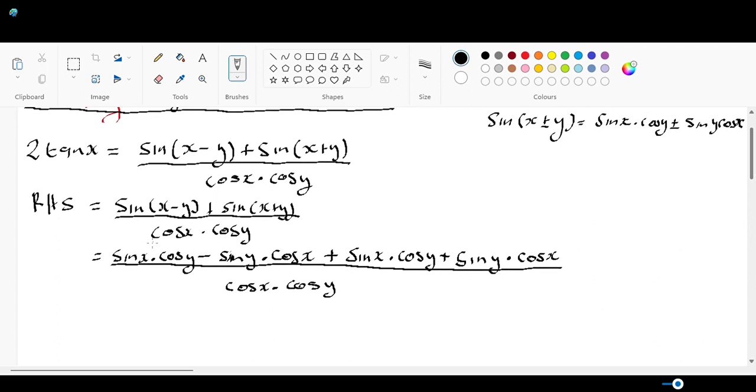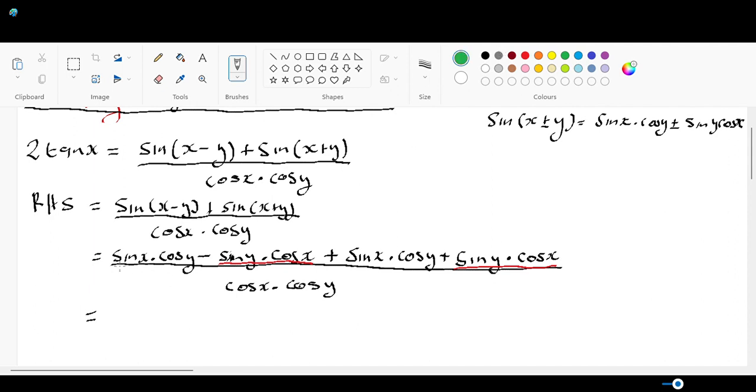Okay, now when you look at your numerator, you will have some like terms there. As you can see here, we have minus sine y multiplied by cos x, and we also have positive sine y multiplied by cos x. These two are like terms, guys, so they're going to cancel each other and give you 0.